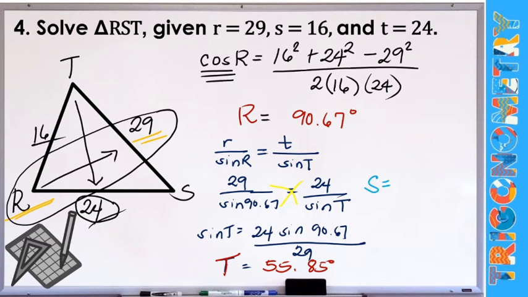So, your angle S is 180 minus your 90.67 minus your 55.85. So, our angle S is 33.48 degrees. So, that's how we're going to answer number 4. Let's proceed.